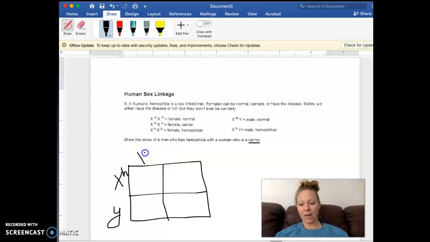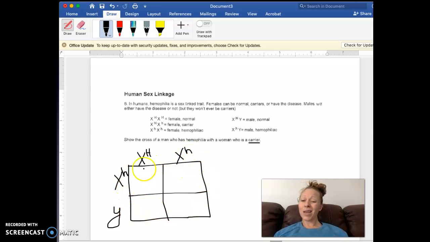So females have an X and an X. And she's a carrier, meaning she has one healthy allele, which is going to be the dominant and therefore expressed, but she has an unhealthy allele, which is for hemophilia. So we call this a carrier because she carries the disease, but she doesn't express it. She doesn't have the disease. However, she can give it to an offspring.